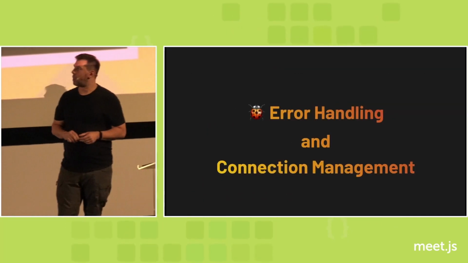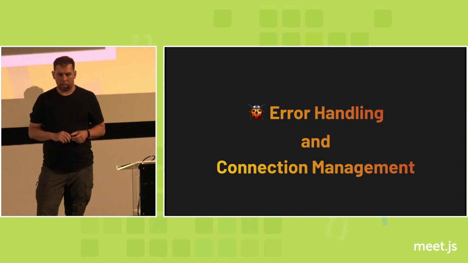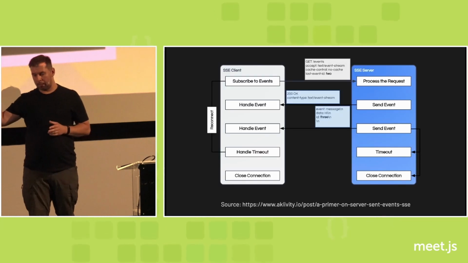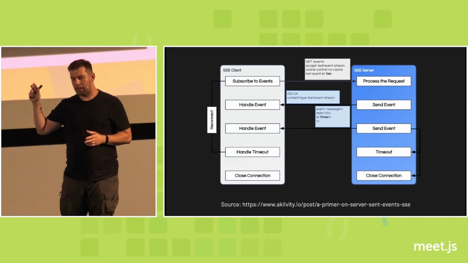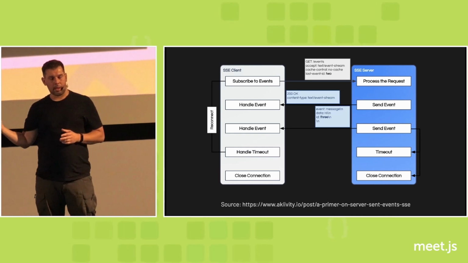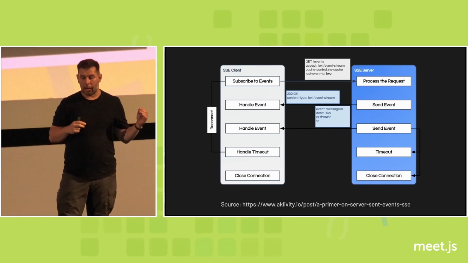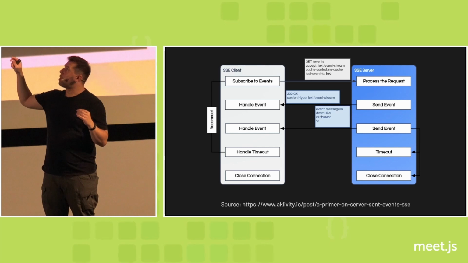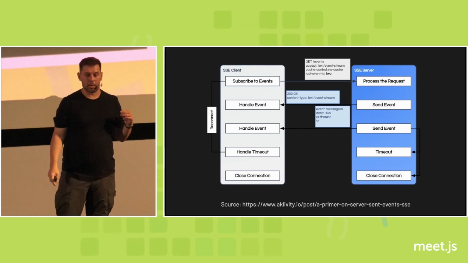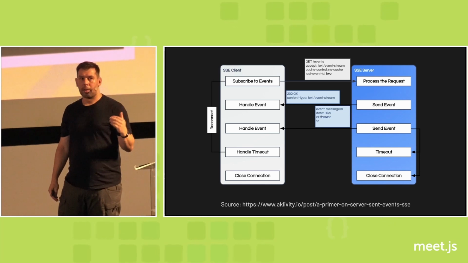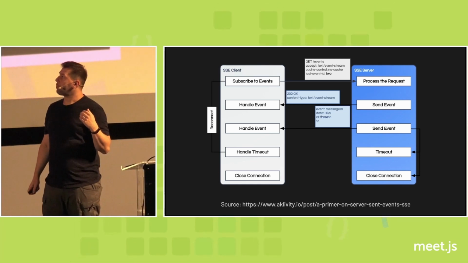Okay, about error handling and connection management. Basically the server tries to process the request and sends an event to the client, and after sending the event, there is a message with status 200 OK, and content with our message and data.